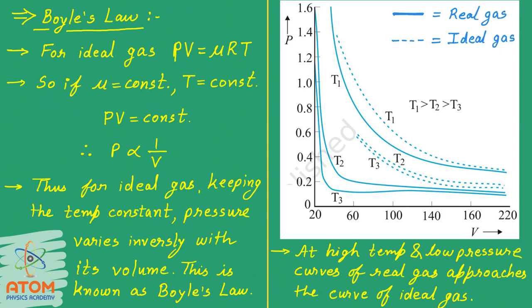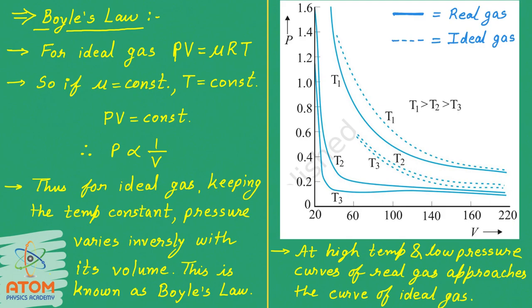But when we look at temperature T1, the real gas curve is quite near to the ideal gas curve at temperature T1, right? That means when the temperature is high, the real gas curve is approaching the ideal gas curve.